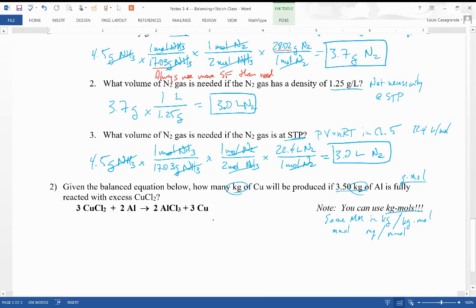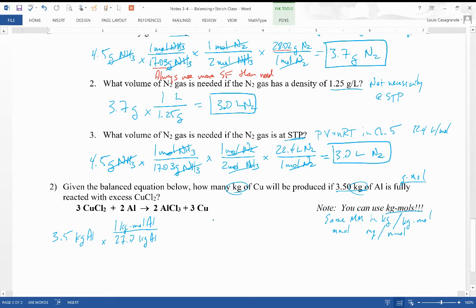So if we start with 3.5 kilograms of aluminum, I'm going to multiply that by 1 kilogram mole of aluminum divided by 27.0 kilograms of aluminum.